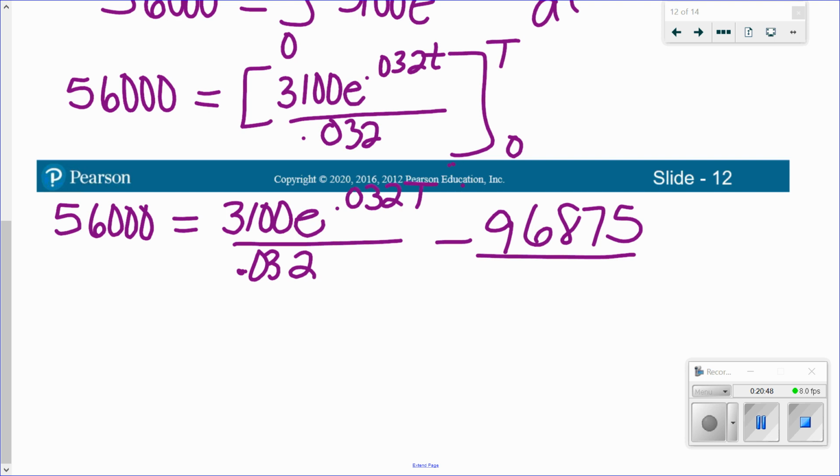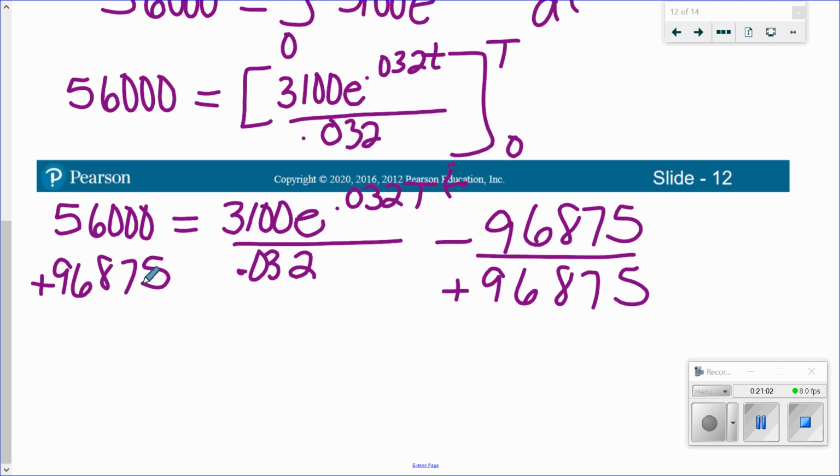Okay, so how do we get this number off of here? What we want is to get to this capital T by itself. We're trying to solve for that. So let's add 96,875 to both sides. Okay, so we get 152,875 equals. Now I'm going to write this just a little differently.